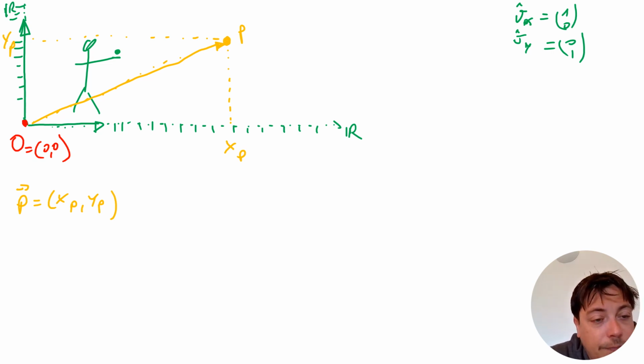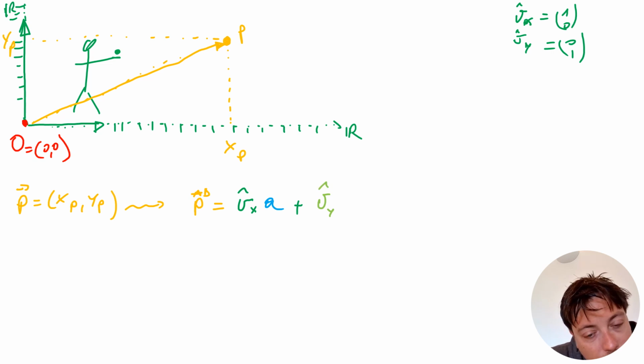Okay, just to let you know, these two, vx and vy, are two special vectors because we can write any other vector p, any other point, in terms of vx times a number, plus vy times, let me change the color, b.